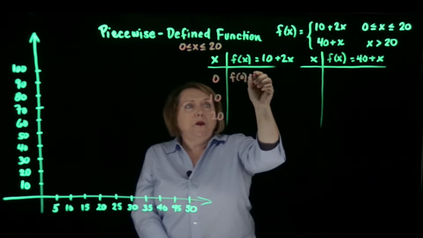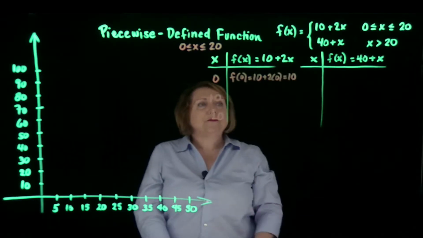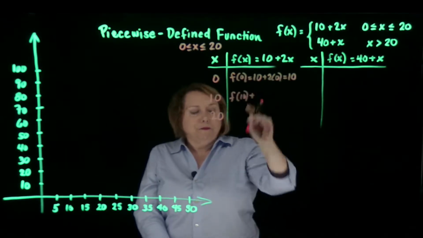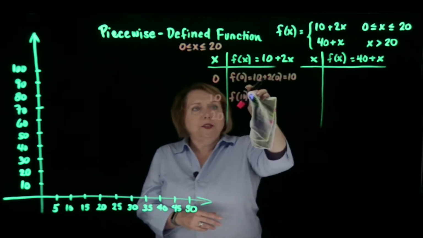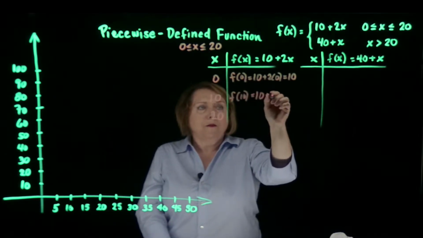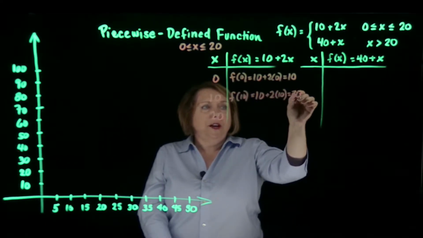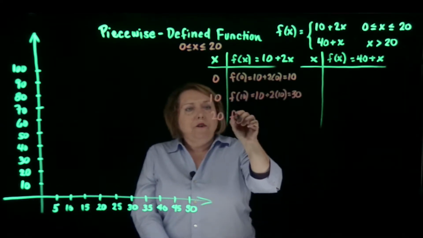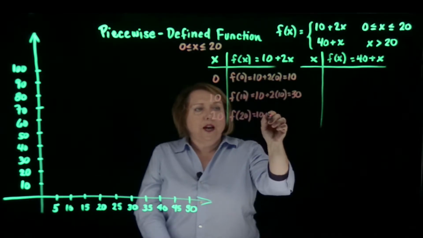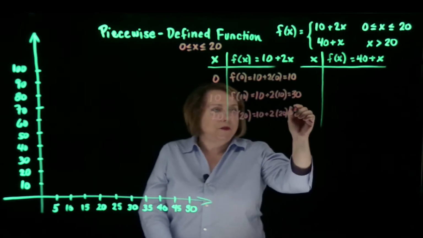So f of 0 is 10 plus 2 times 0, which is 10. f of 10 is 10 plus 2 times 10, 10 plus 20, which is 30. And then f of 20 is 10 plus 2 times 20, 10 plus 40, which is 50.